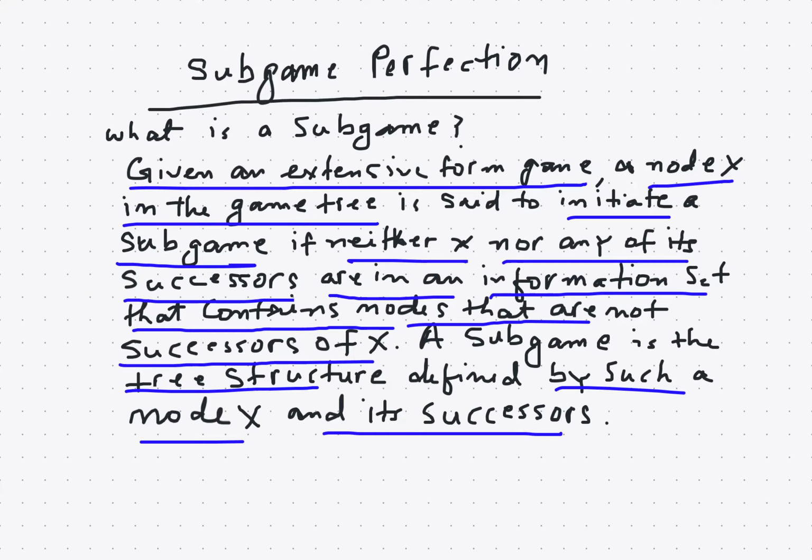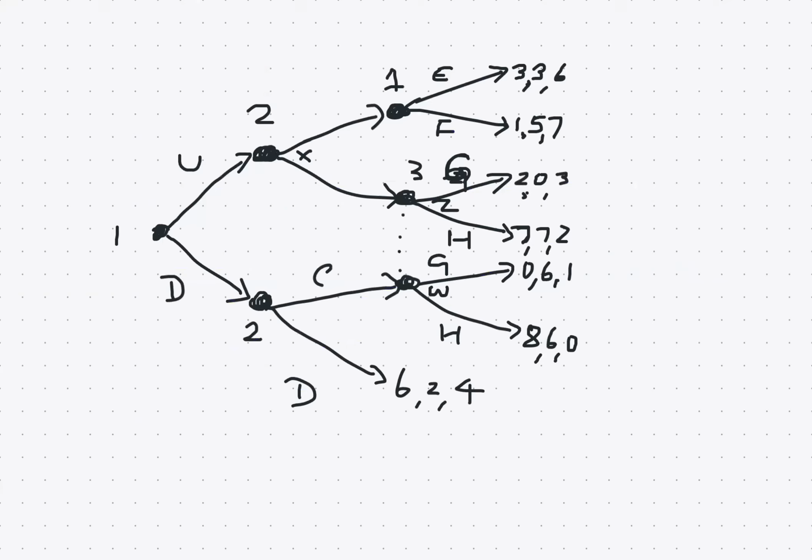So next, let's consider an extensive form game to understand how to identify a subgame. Here we have a three-person game. There are three players in the game. Before we look at this game, let's just try to understand subgame perfection.